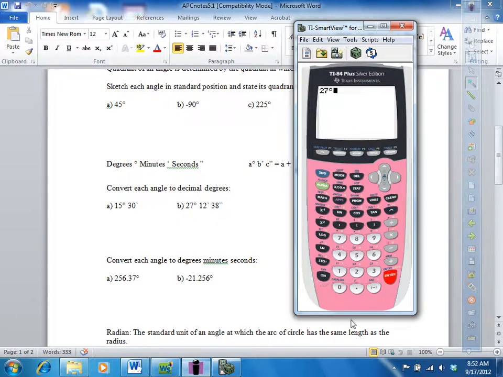You with me there? 27, angle is right above apps, right here. 27, 12, second, angle, and minutes is the little one, right there, number 2. And I'm converting it into decimals. 27.2, and then I go second, and then I want to go 38 seconds.